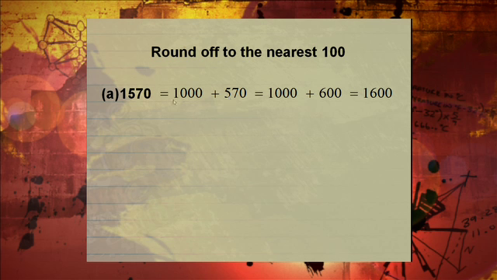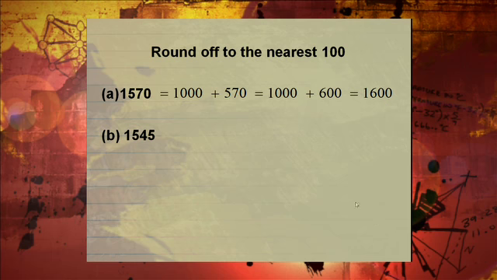So I take the whole of 570. And 570 to the nearest 100 will be 600, because it's already 500. Then you can go one step up of 100, which is 600. Goes to 1600 to the nearest 100.